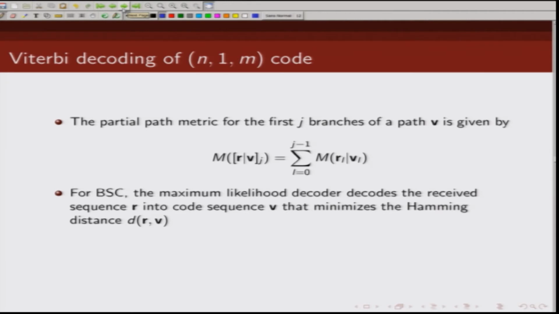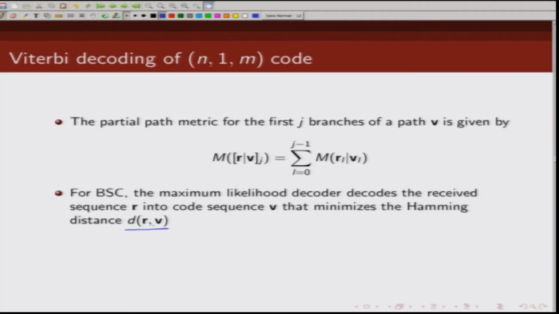Now, what is the maximum likelihood decoding rule for a binary symmetric channel? For a binary symmetric channel, the maximum likelihood decoder is one that decodes the received sequence R into a code sequence V such that the Hamming distance between the received sequence and the code sequence is minimized.